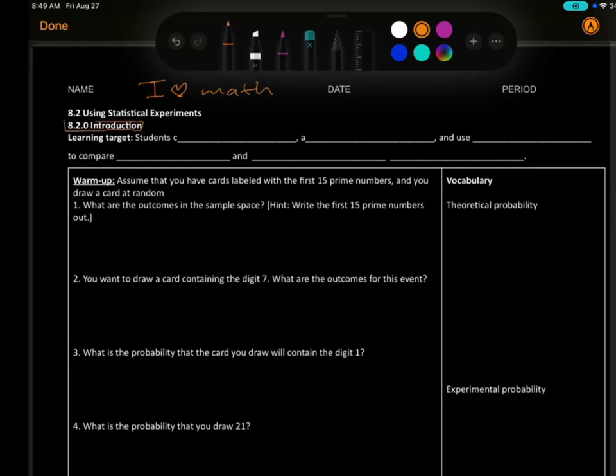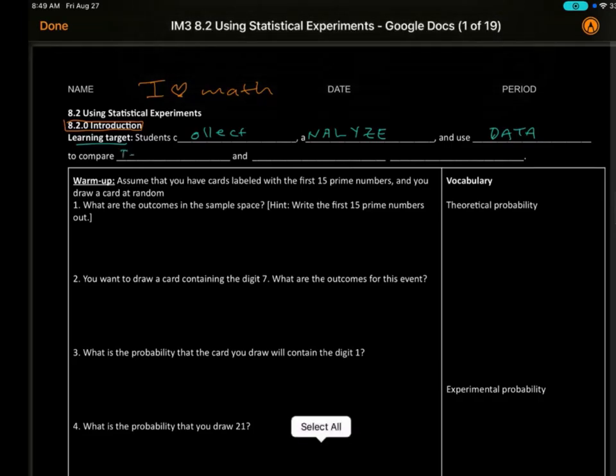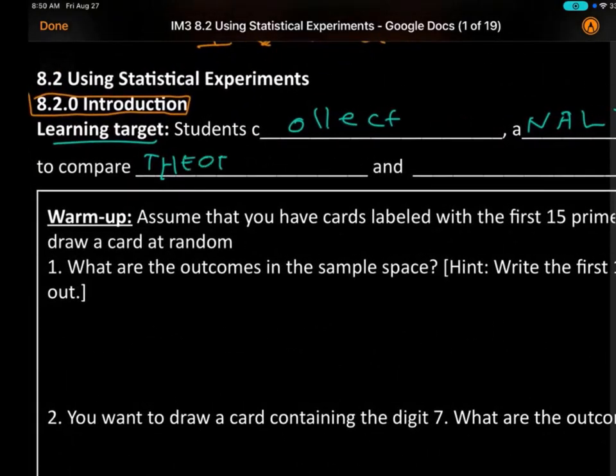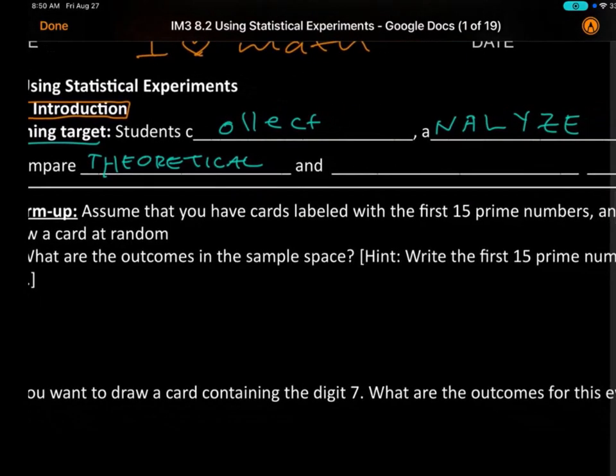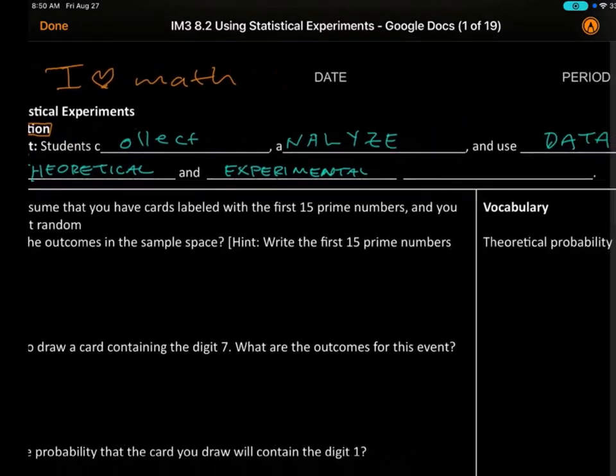In 8.20 introduction here, we are going to have a learning target that students will be able to collect, analyze, and use data, information, to compare theoretical and experimental probabilities.